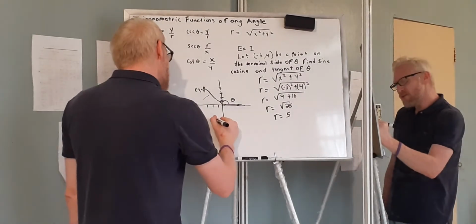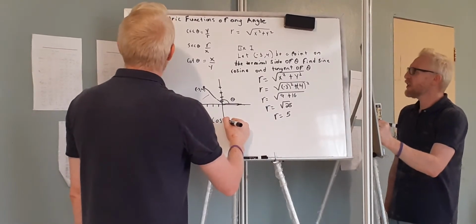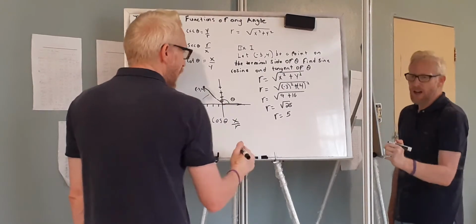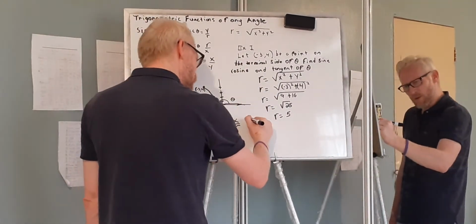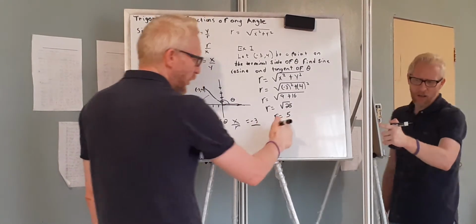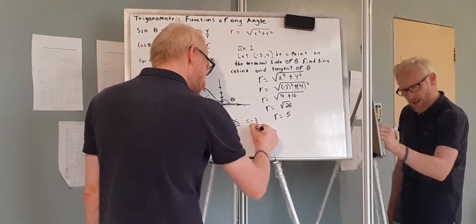The cosine of z is x over r. Now the x of course would be the x coordinate that we got in the problem, which is -3. And the r is the terminal side that we just found, which is 5, so we would say -3 over 5.